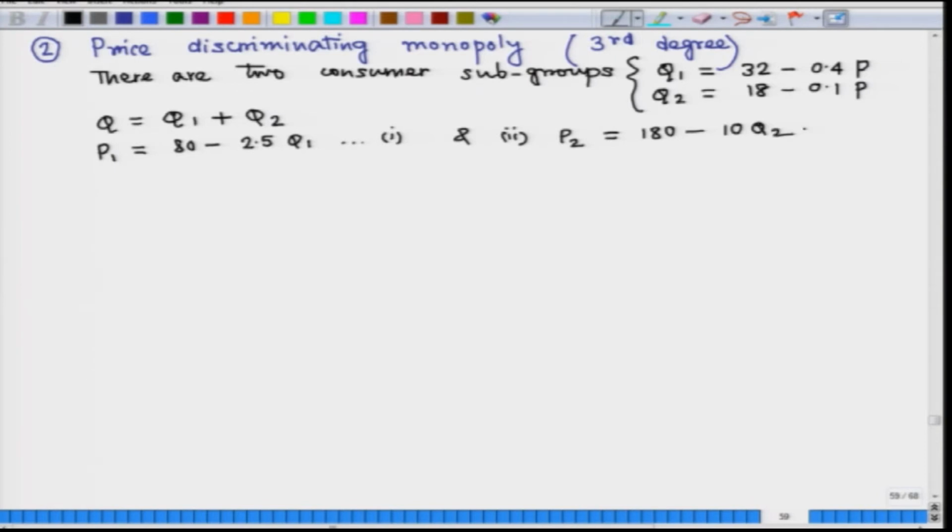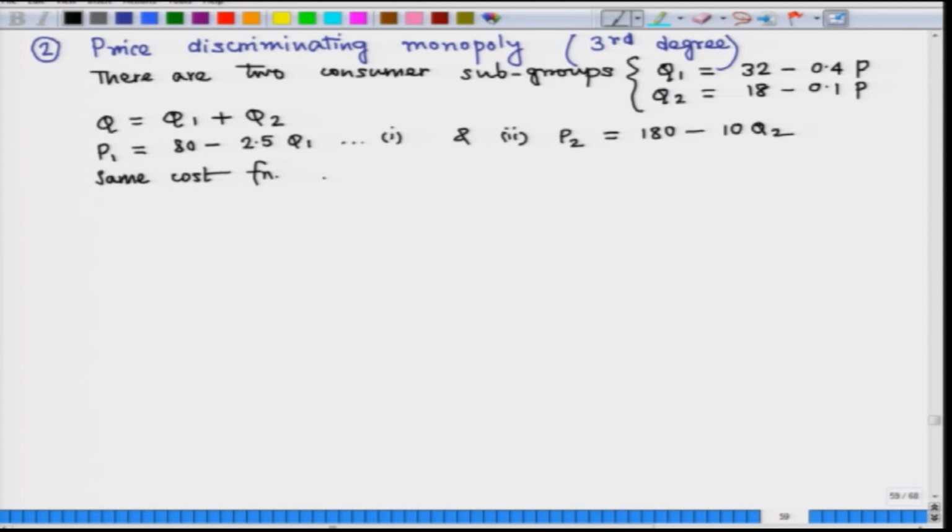Now, I am going to use the suffix 1 and 2 for my price and quantity levels, compared to my previous example. So, now we are going to assume the cost function. So, we take the same cost function, and there is a reason for choosing the same cost function, so that we can compare the profit levels between the pure monopoly model and the price discriminating third degree monopoly model.